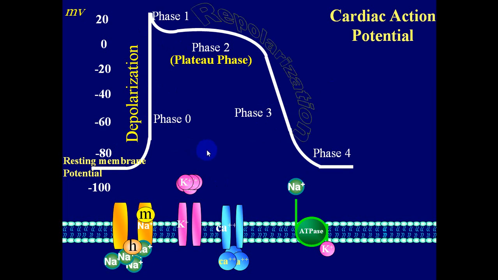While the SA node is quite different. The SA node depends on calcium and potassium only, and has no rapid, I mean fast, sodium channel, because the sinus node does not have a resting phase.